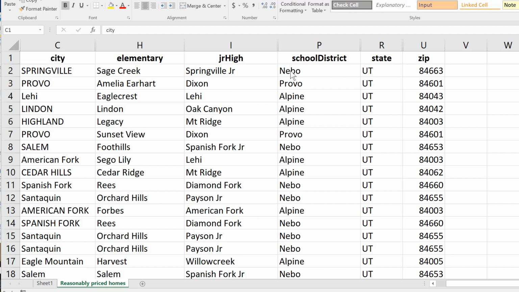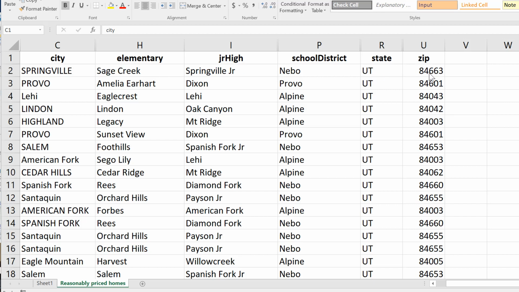Nebo School District is going to be related to a certain number of towns, and junior highs are going to be related to a certain town as well. So by knowing one value in one column, I know what values are in the other column, or that there's just a small set of values in the other column. So the information in these columns is dependent on one another.